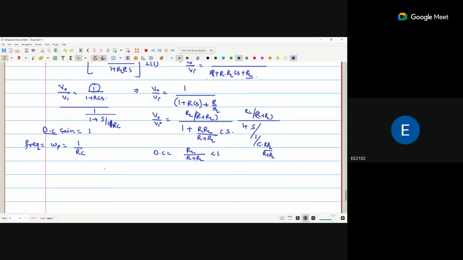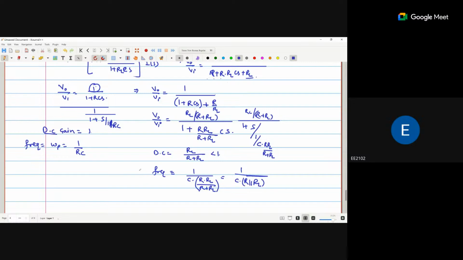So the frequency is 1 by C into RL upon R plus RL, or I can say 1 upon C into R in parallel combination with RL.